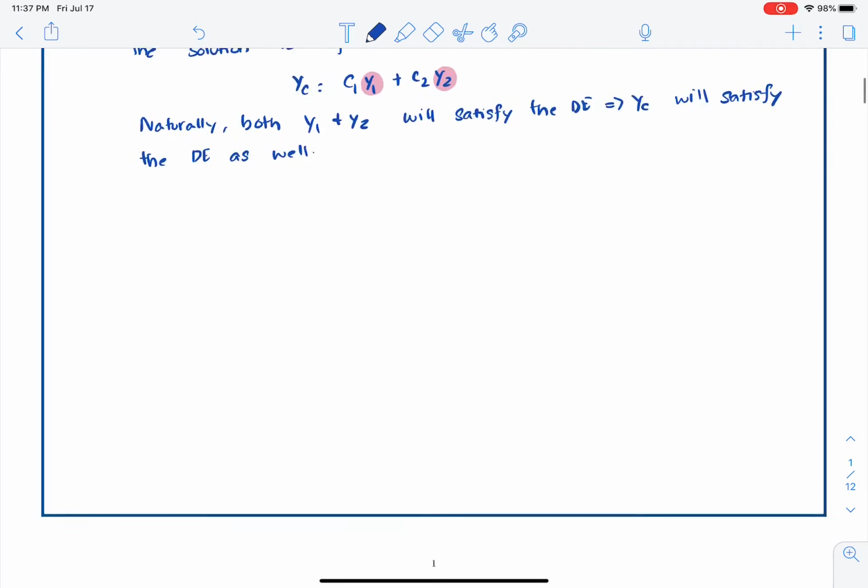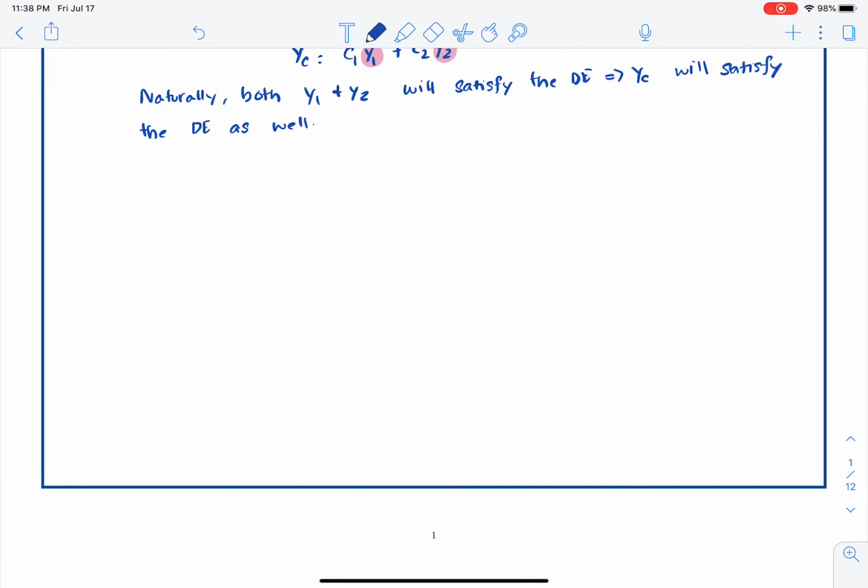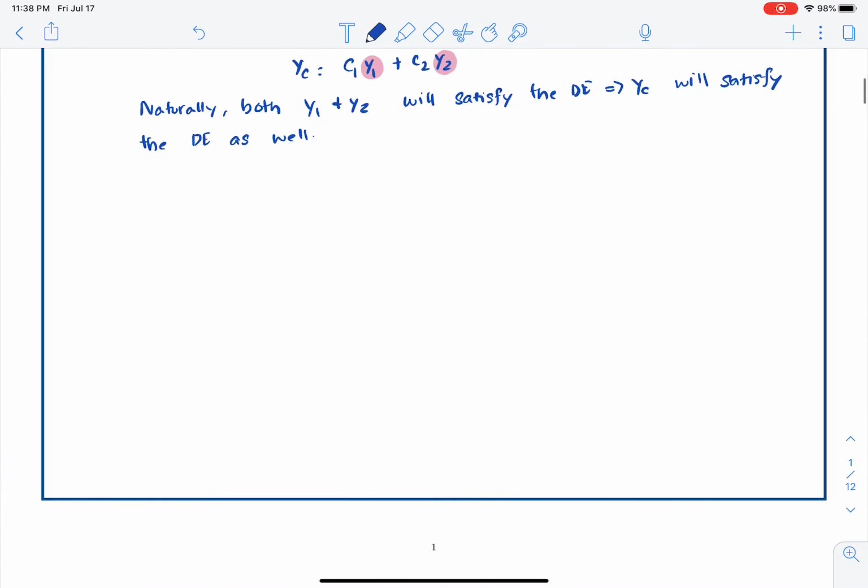So before we get to that step, let us rewrite the DE as follows. So we have a2(x) y double prime plus a1(x) y prime plus a0(x) y equals g of x.